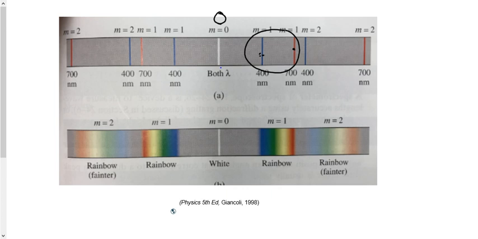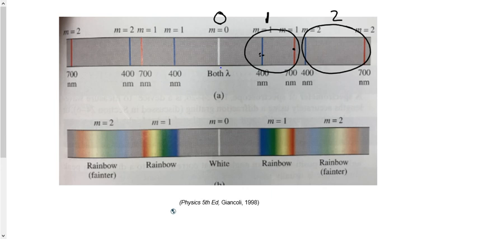Notice that blue light diffracted the least, red light diffracted the most, opposite to what we had with refraction. This is the first order maximum. Then we have the second order maximum over here. Again, blue light diffracted the least, red light diffracts the most.